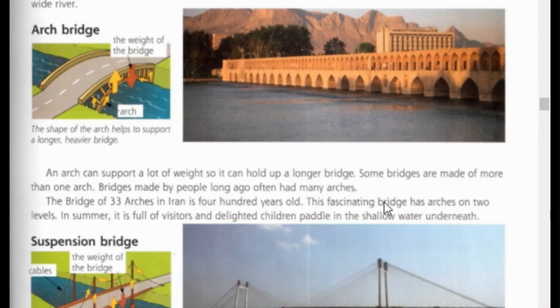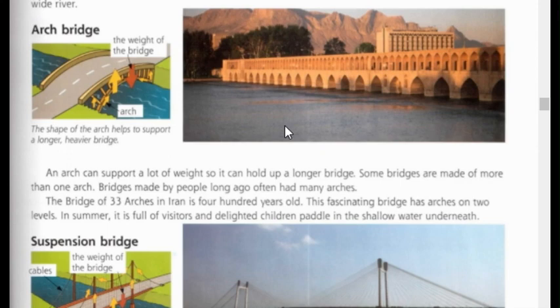This fascinating bridge، هذا الجسر الرائع الجميل جدا، مذهل. Fascinating معناها مذهل، رائع جدا. This fascinating bridge has arches on 2 levels. As I told you, this is the first level where you can see these arches, and the other level where you can see more arches.